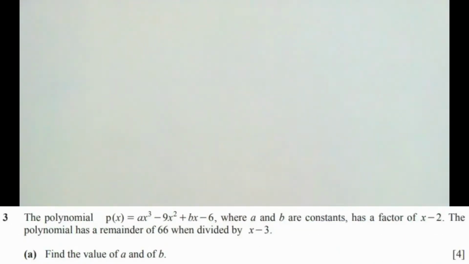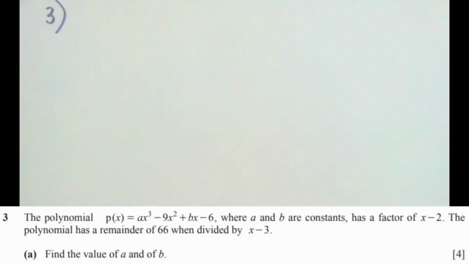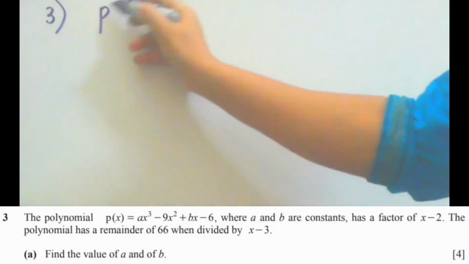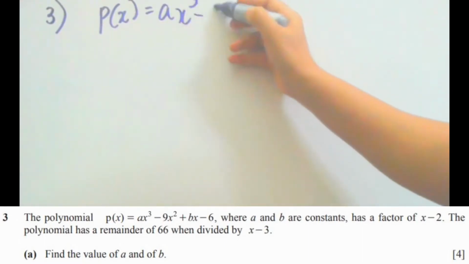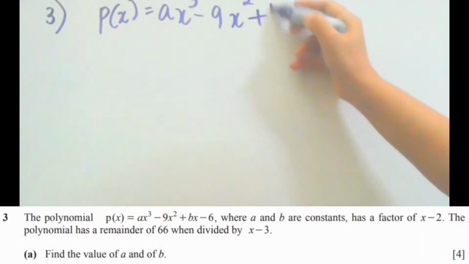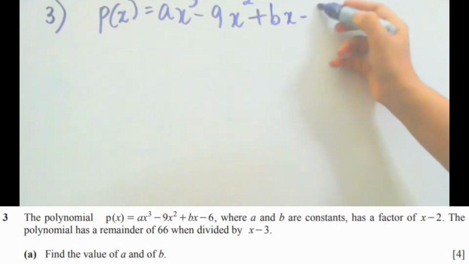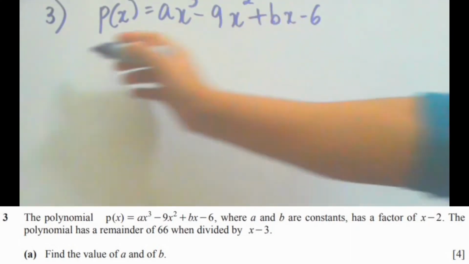Alright, we are going to question number 3. The polynomial p(x) is given as ax cube minus 9x square plus bx minus 6, where a and b are constants, and has a factor of x minus 2.